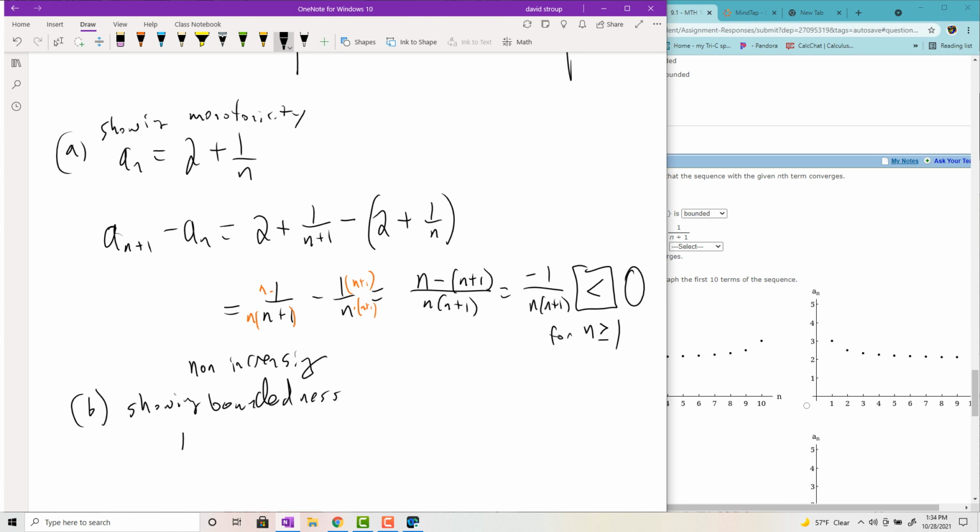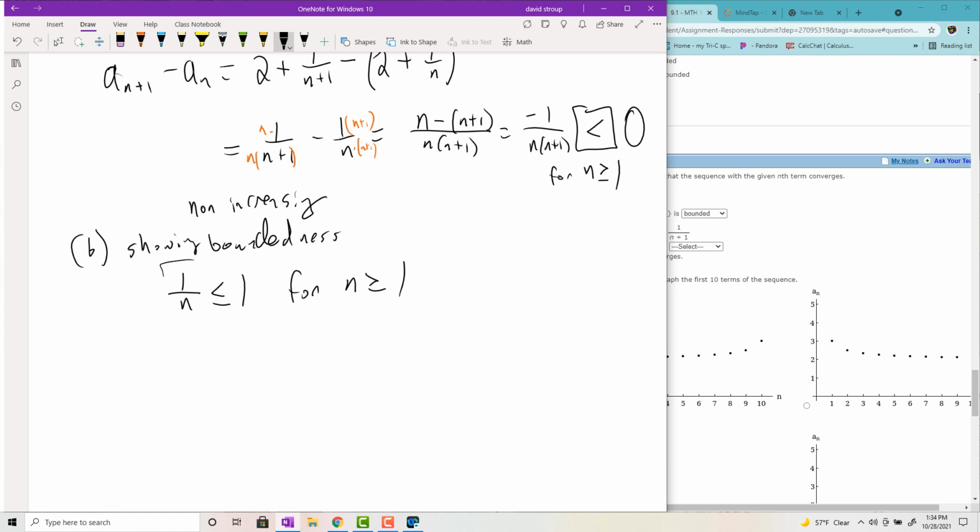So I'll start with the fact that 1 over n is going to be less than or equal to 1 for all n greater than or equal to 1. You can literally deduce that inequality from this inequality if you were asked to, right? Because if you just divided both sides of this inequality, presuming that n is positive, you would get 1 greater than or equal to 1 over n.